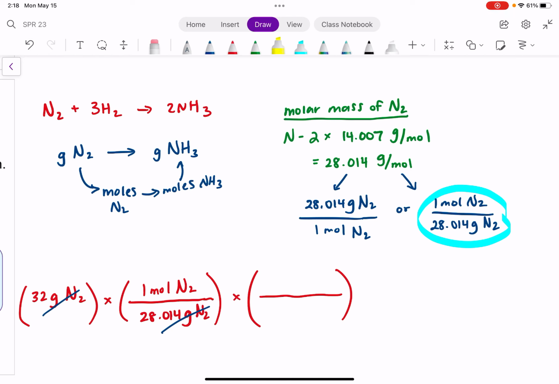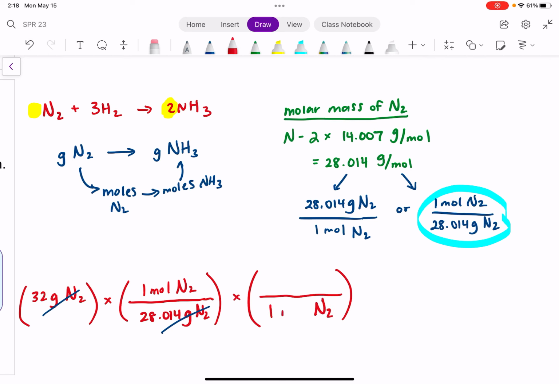I have to ask, how many moles of N2 do I start with, and how many moles of NH3 do I get out? Or how many moles of N2 react to produce how many moles of NH3? What do we want on the bottom, N2 or NH3? N2, because we want to cancel it out.